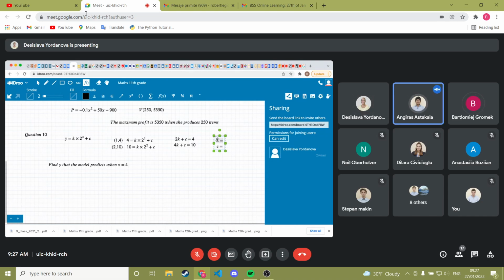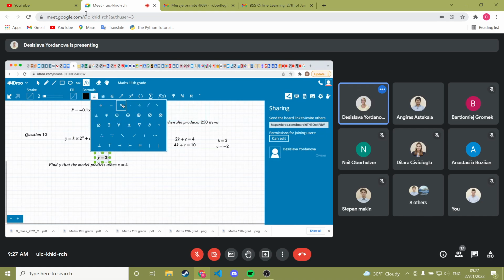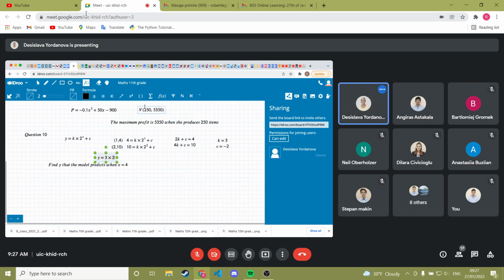It's 3 and minus 2. That's what my calculator said. Okay. The others, did you get them? Oh, yeah, it's 3 and minus 2. Okay. So this means that y equals 3 times 2 to the power of x minus 2. And then find y that the model predicts when x equals 4.